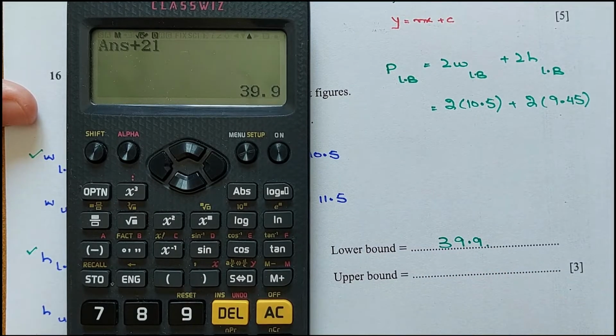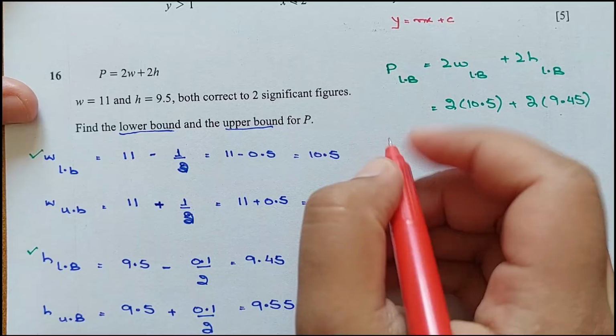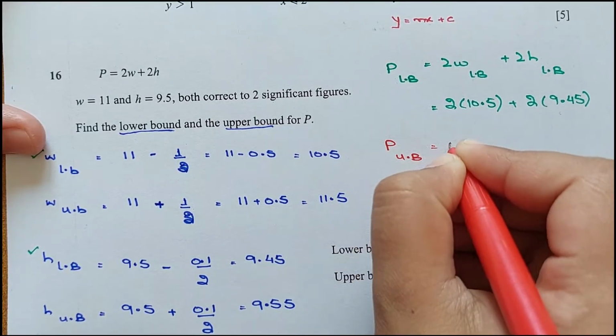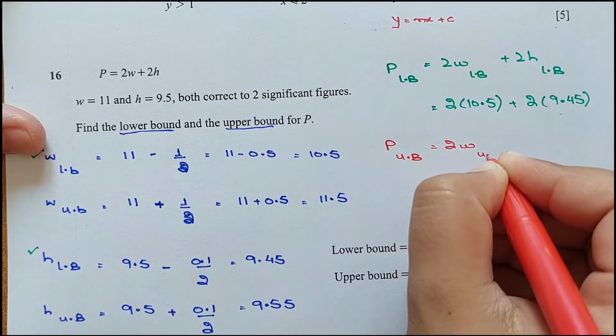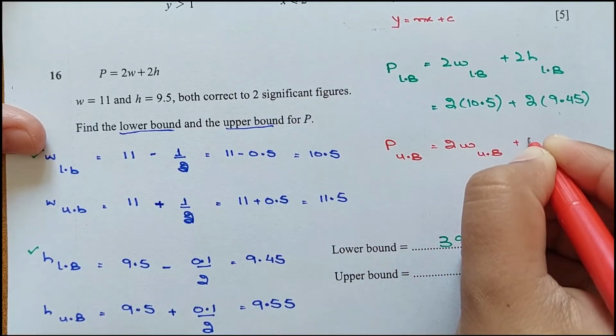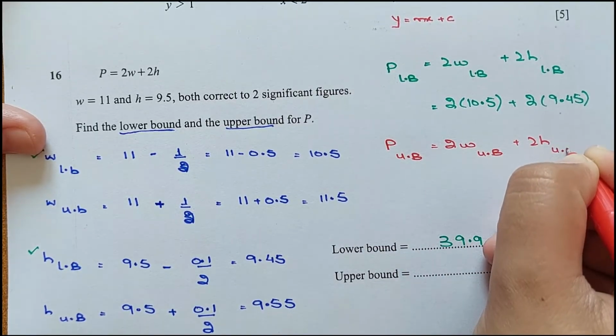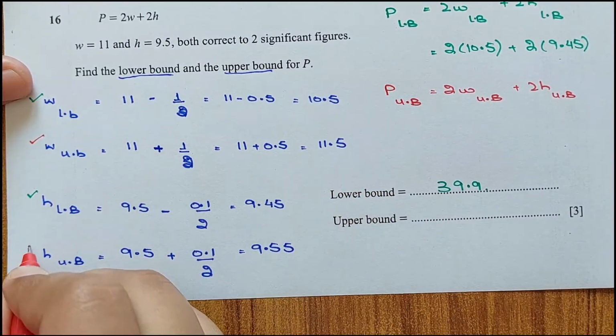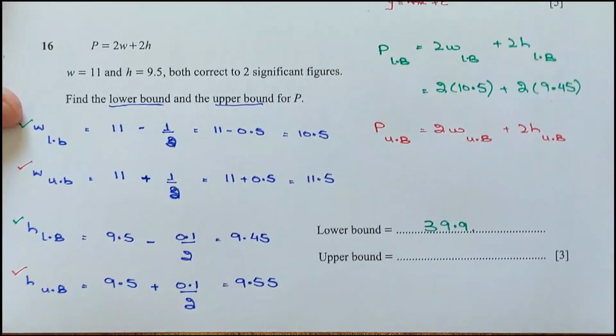Okay, now let's work on the upper bound of P. So P upper bound is 2W upper bound plus 2H upper bound, right? So the upper bound of W is 11.5 and the upper bound of H is 9.55.